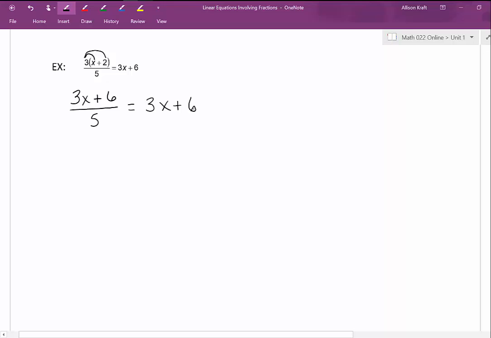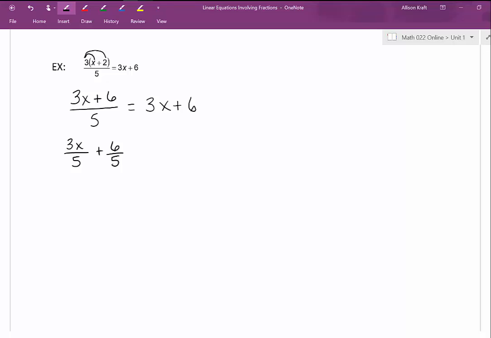Using our rules for adding fractions backwards, we can rewrite the left-hand side as 3x over 5 plus 6 over 5. Typically, we don't go this direction. We've in the past had common denominators and then actually added the numerators and put it over that common denominator.